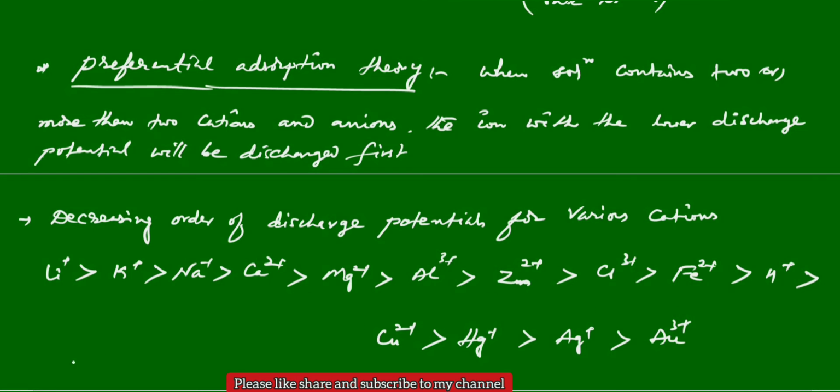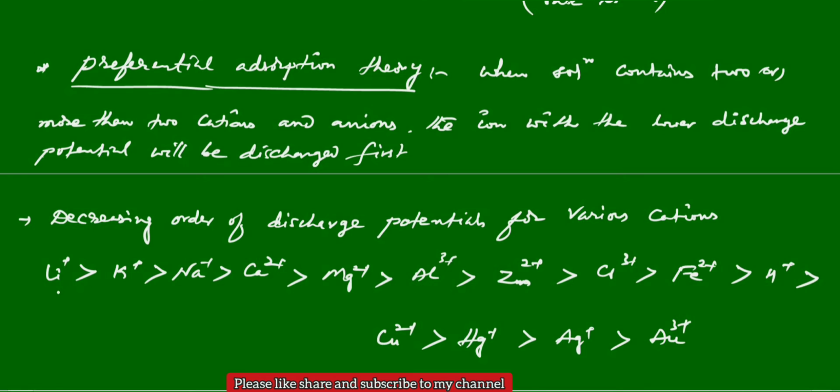So here we can see the first A and second A group elements, and the s-block elements. We know that according to the electrochemical series, they have low electrode potential values. So a cation with less electrode potential value cannot deposit. The cation which has a higher electrode potential value can deposit first at the cathode.